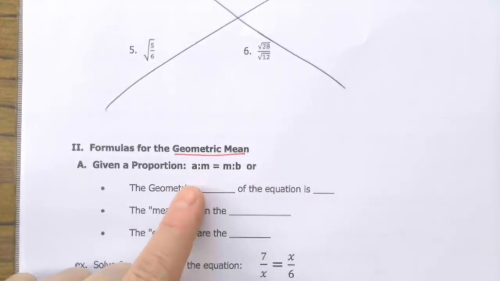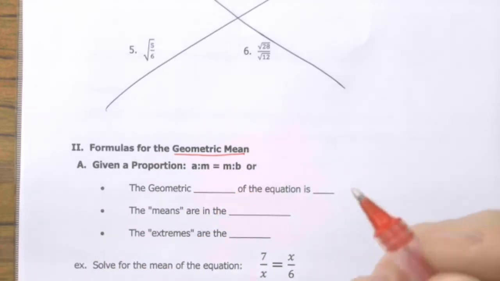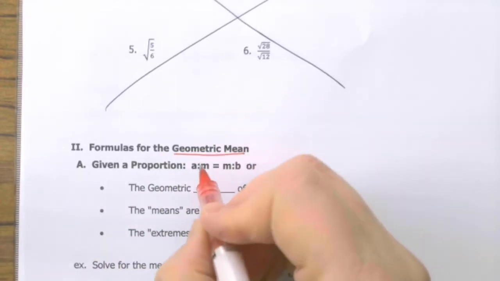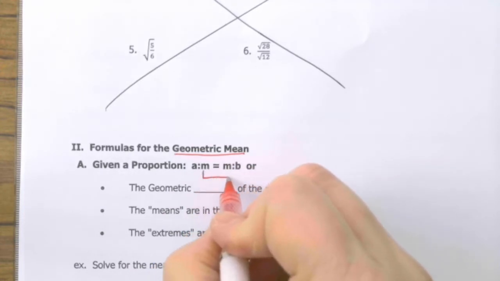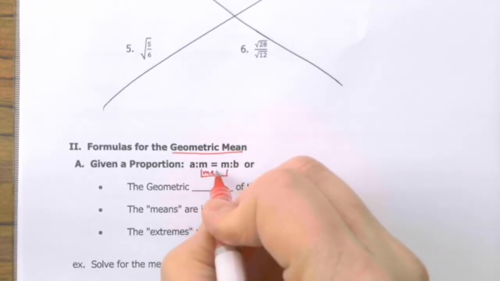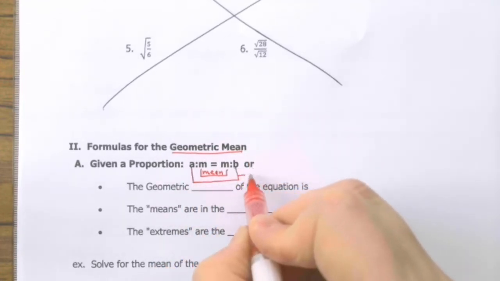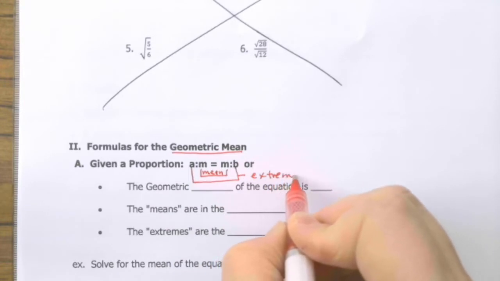Okay, given a proportion, A colon M equals M colon B, the means of the proportion are the two inside values. That is your mean. The outside values, if you remember, are called the extremes.